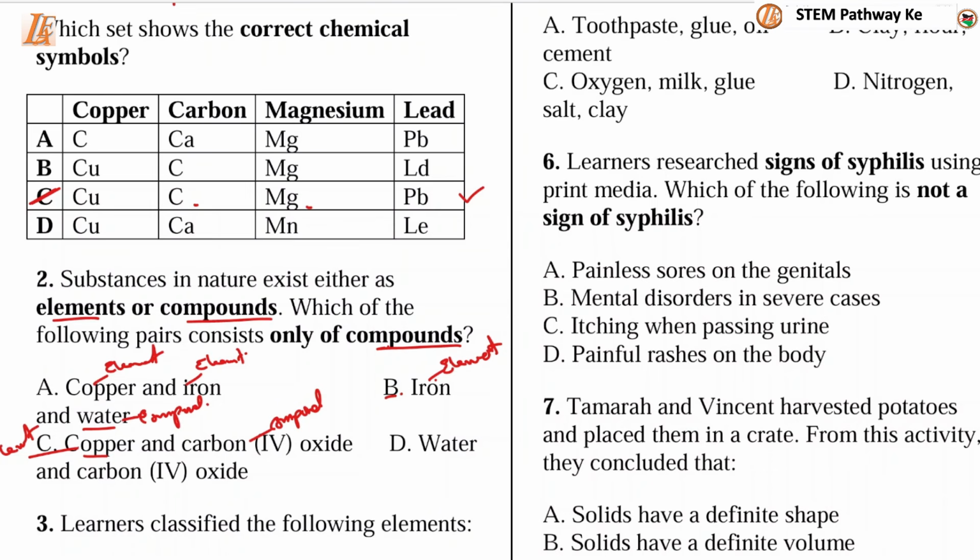Then D, we have water. Water is a compound. Then we have carbon dioxide, which is also a compound. So therefore, in this case, the set which consists of compounds only, the correct answer is D, where we have water, whose chemical formula is H2O.